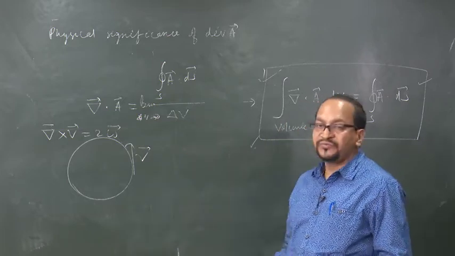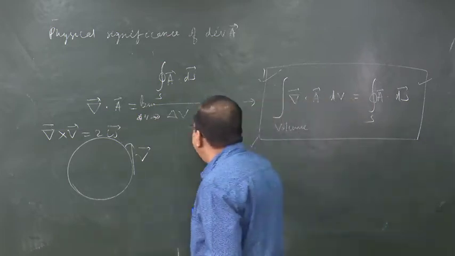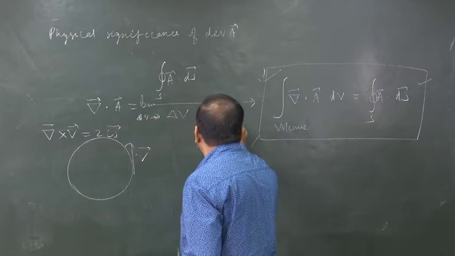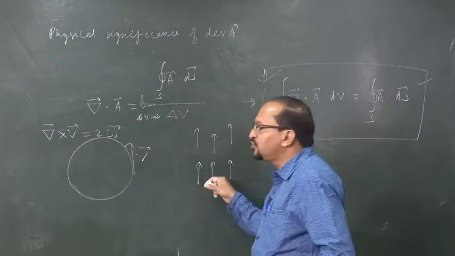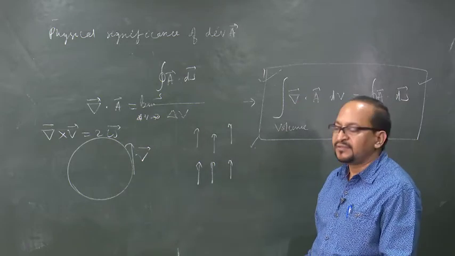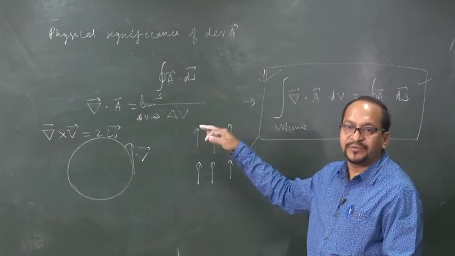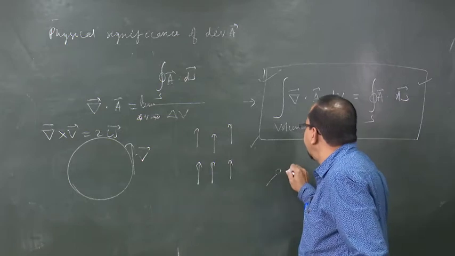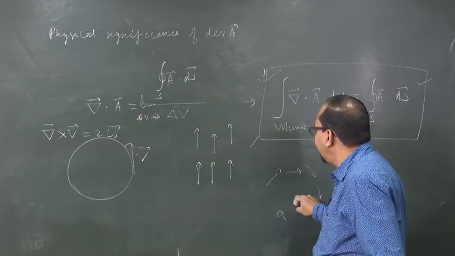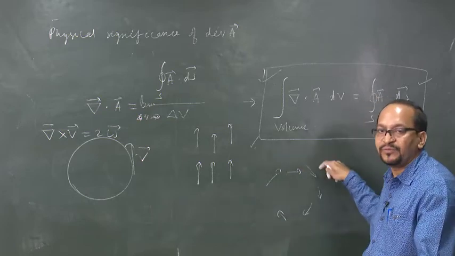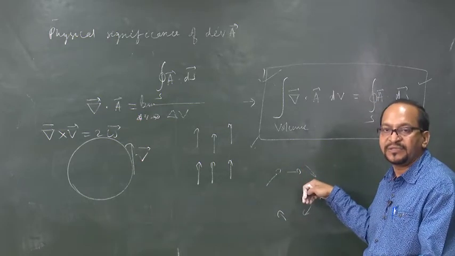Okay. So, suppose we have an electric field like this, then obviously this will have no curl effect, this is not circulating about a point. But if the field is like this, then definitely there will be a circular effect, there will be a curl effect. Okay.